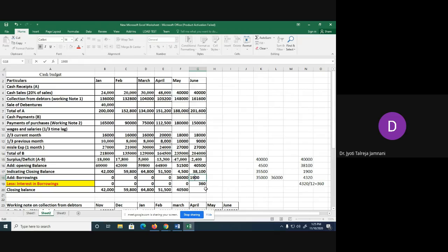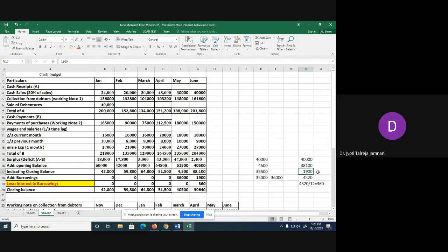40,000 minus 360 because we are paying this interest, right? So what will be your closing balance? 39,640. Can we have a closing balance of less than 40,000? No, ma'am. We need a minimum of 40,000. So we are not borrowing only 1900.